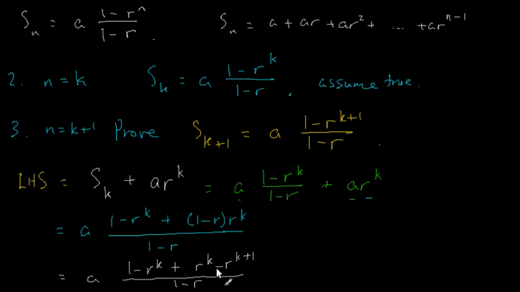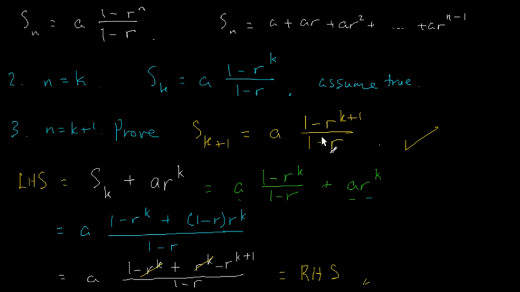Now there's one thing I can simplify right away. See that there's a minus r^k here and a r^k here. So those two cancel. And now if you compare this with this, you can see that they are actually the same. So therefore this is equal to the right hand side, and we have just proven it. We've just proven that this is true.